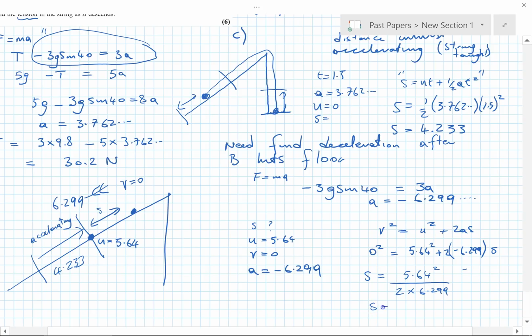That comes to 2.53 to three significant figures, but it's actually 2.528 and so on.